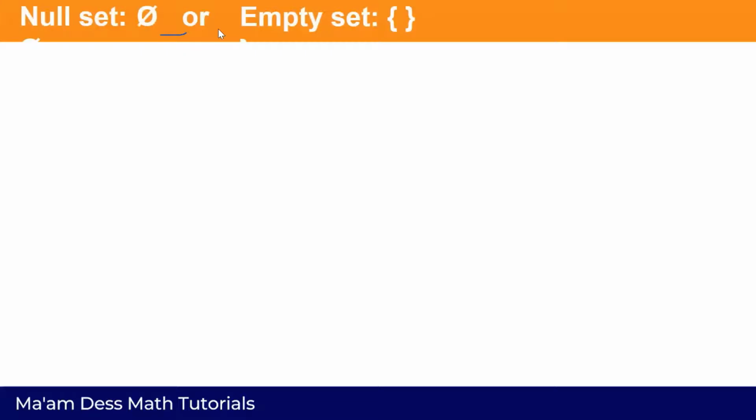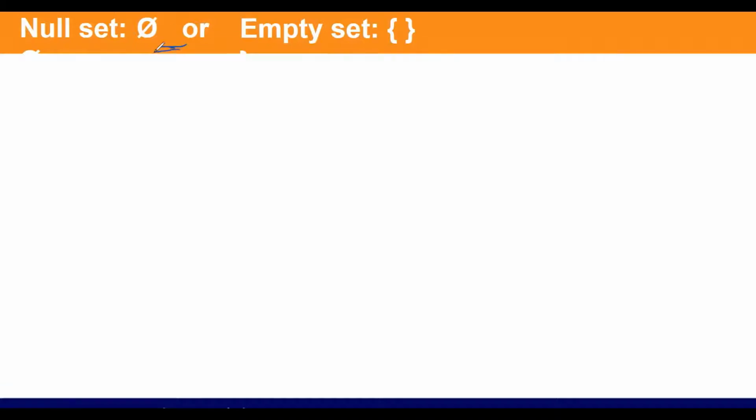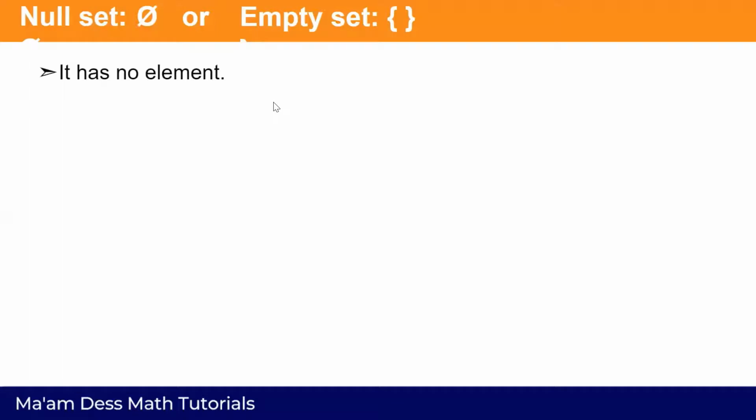The other one is null set or empty set. So, yung walang laman. It has no element. It is a subset of any set. So, tandaan po, it is a subset of any set.